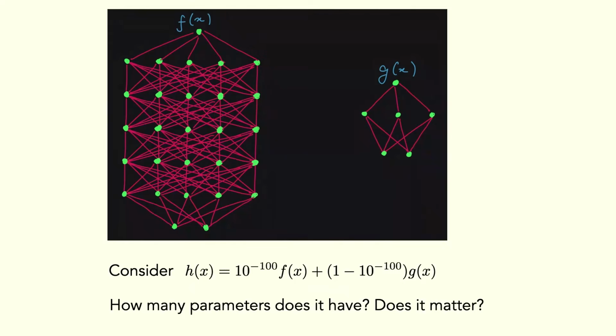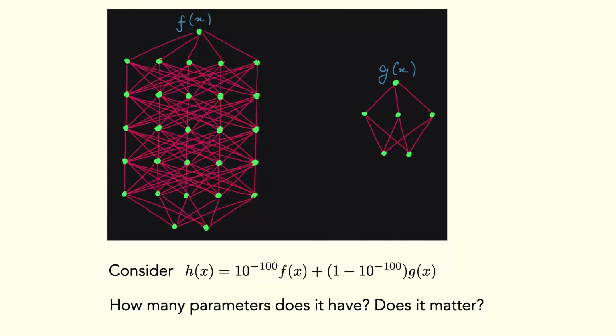Just to emphasize this with maybe a really obvious example, why would we actually expect the number of parameters a deep net has to matter? Consider these two deep nets, F and G. F has a lot of parameters, a lot of edges, and G has only a few parameters, a few edges.